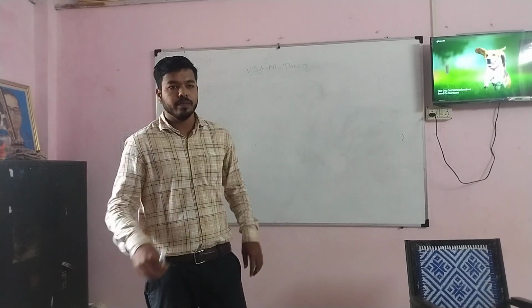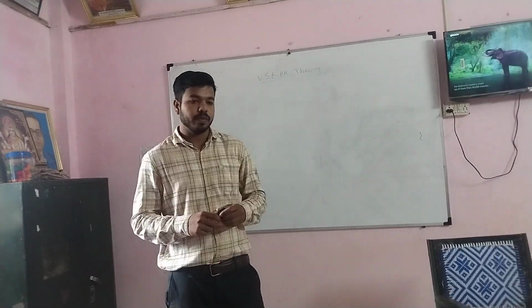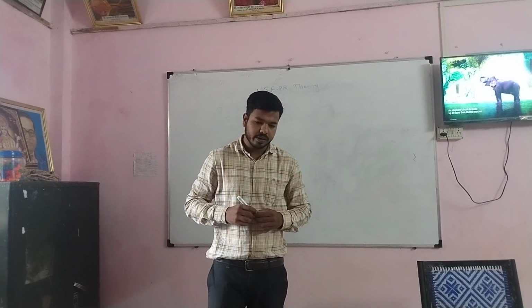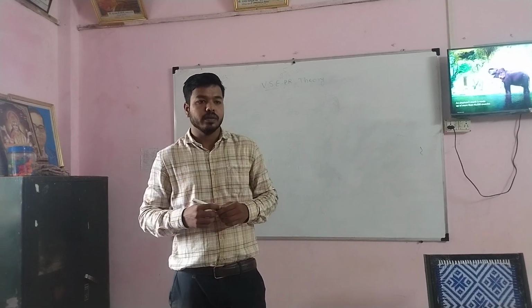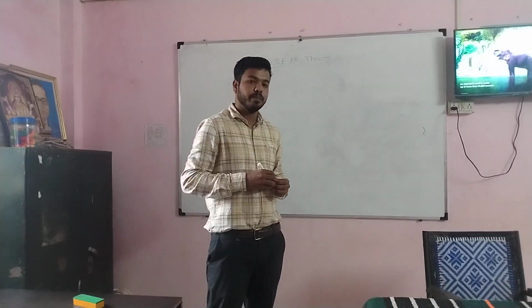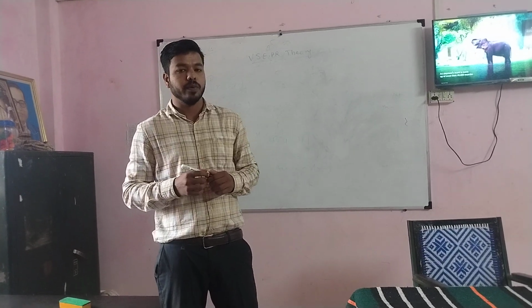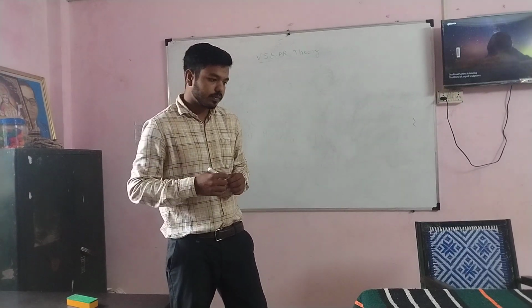Today we are going to learn a very important topic from the unit of chemical bonding, that is VSEPR theory, meaning valence shell electron pair repulsion theory. In order to explain the shape of molecules, a simple qualitative theory was proposed by Sidgwick and Powell in 1940.